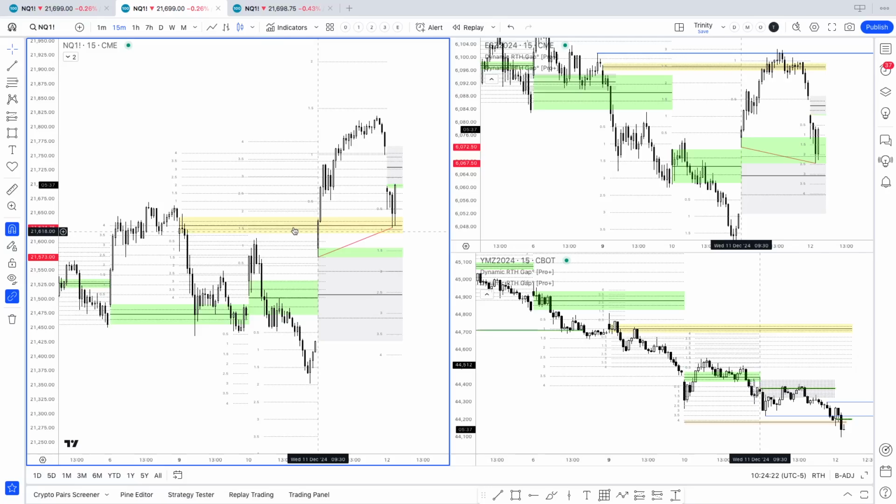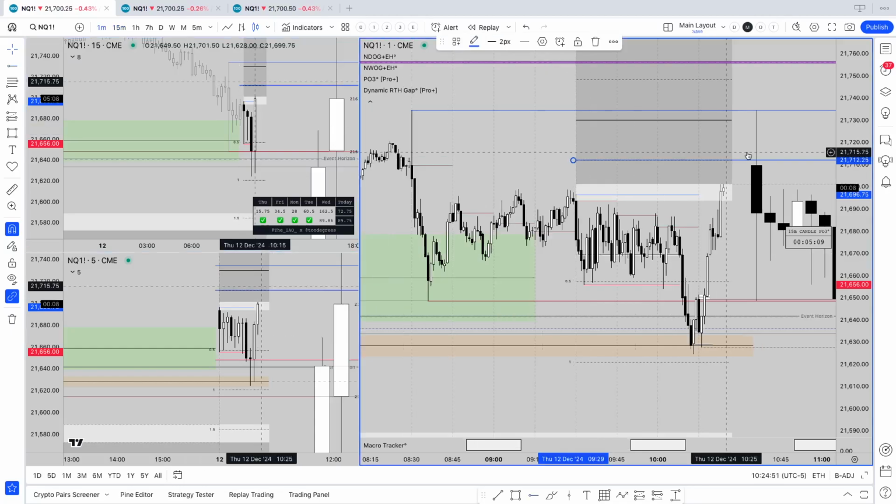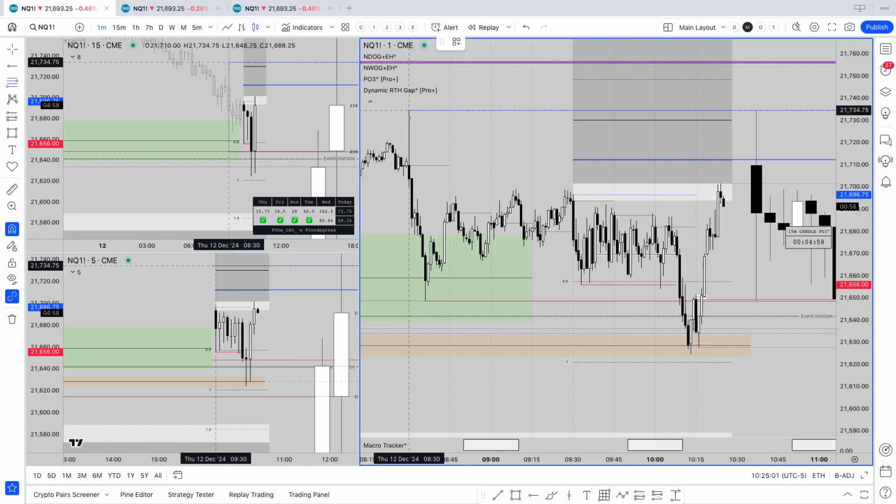Now, if I were taking a long here, I usually take partials inside of the gap. This is the lower quadrant, and you have the consequent encroachment aligned with this week. You can use these levels as a point of interest for partial taking if you trade.